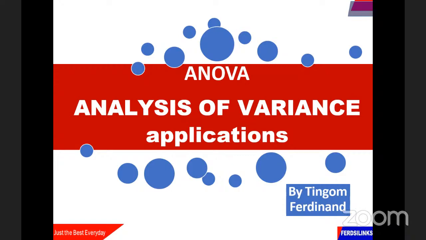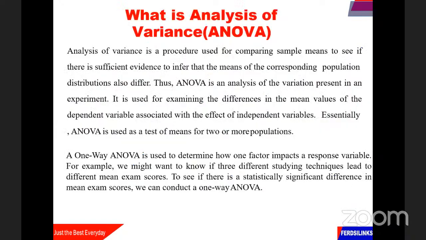So, analysis of variance, the full meaning is what? Or the short form is ANOVA, right? And we said that ANOVA is a procedure that we use to compare the means of our groups.